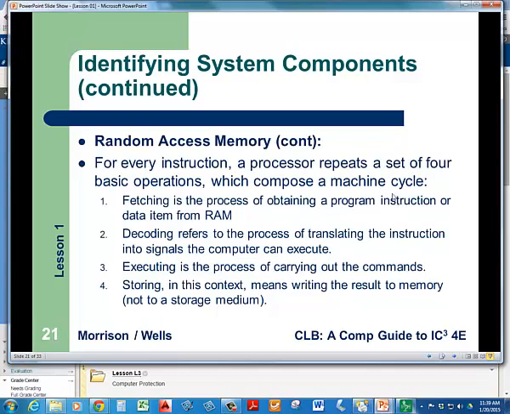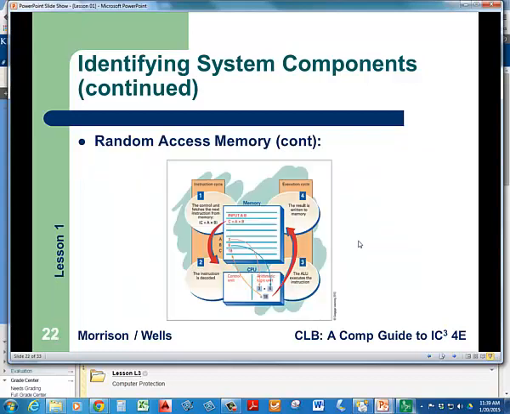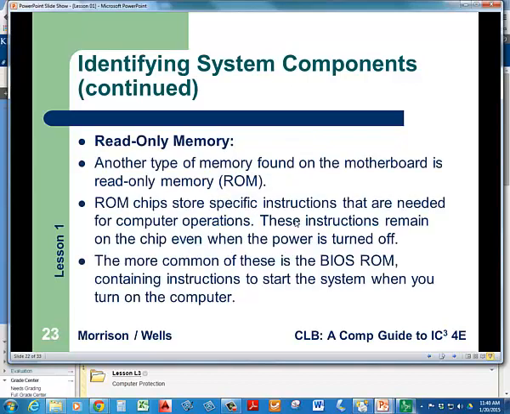For every instruction, a processor repeats this set of 4 basic operations. So, for example, C equals A times B. The instruction is decoded by the control unit, then the ALU processes it and sends it back into memory.